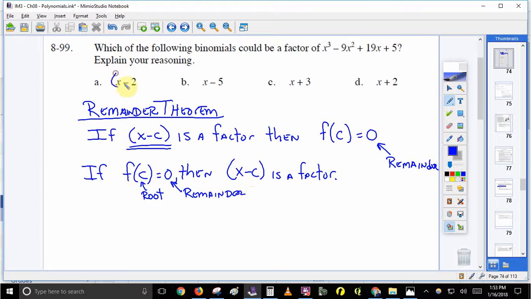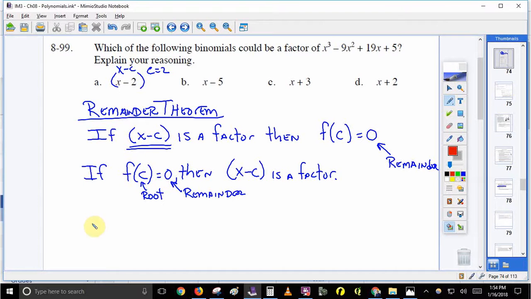So if I take a look at this and I say that's x minus c, then c in this case is going to equal 2. And I'm going to plug 2 in up here wherever I have an x, and I'm going to see what I get for remainder. I'm going to move that down lower, and we'll do it in red.